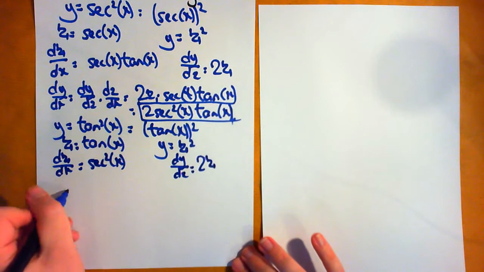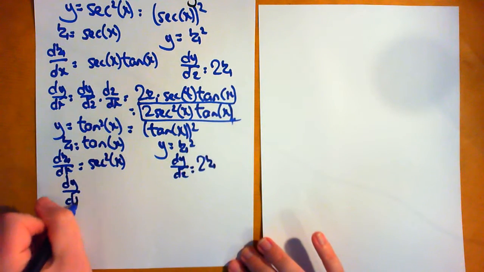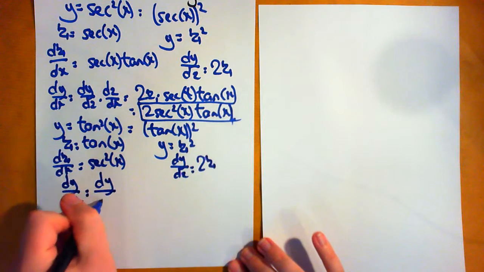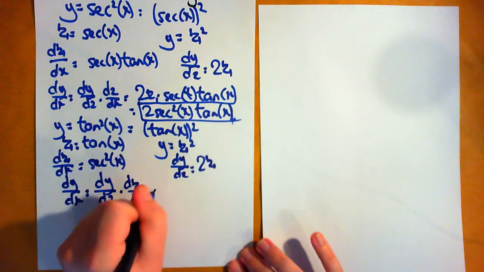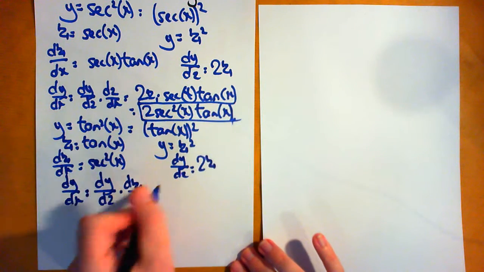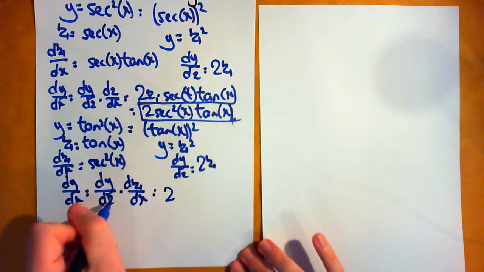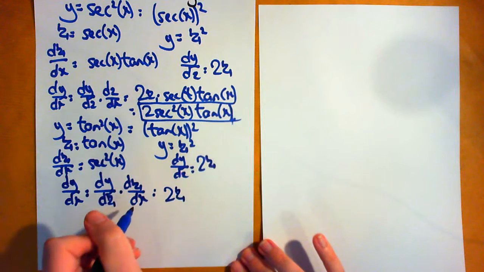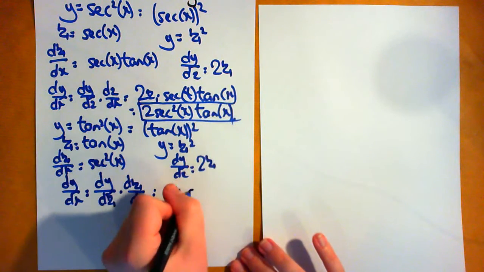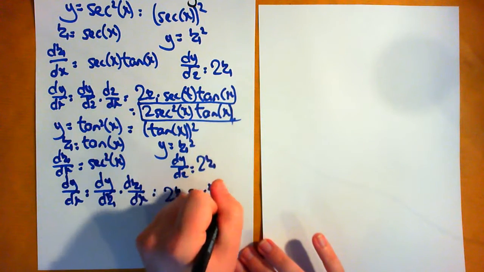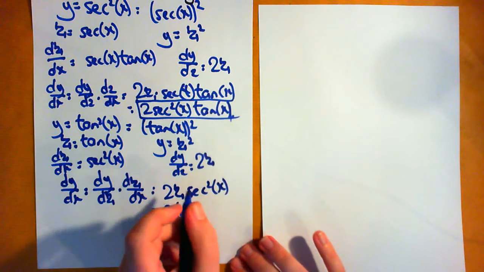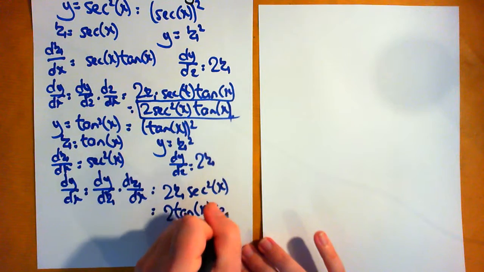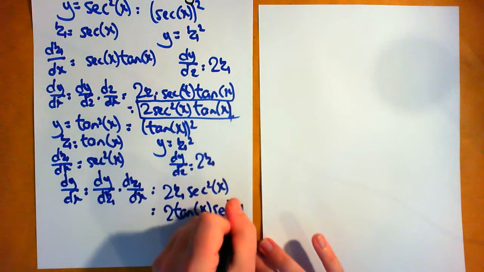So we've got dy by dx is dy by dz times dz by dx, which is going to be 2 times z times sec squared of x, which is 2 times tan of x times sec squared of x.